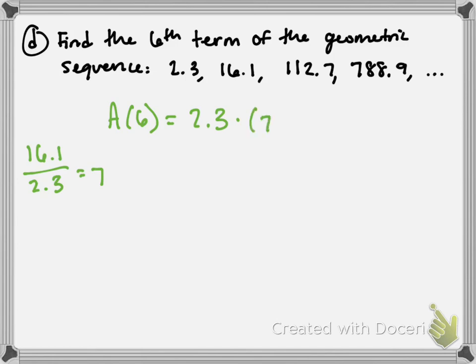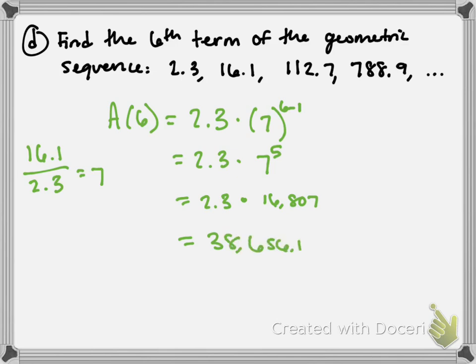So the ratio to the 6 minus 1 power. So 2.3 times 7 to the 5th. 7 to the 5th is 16,807, so 2.3 times 16,807, which ends up being, this is a fun number, 38,656.1.